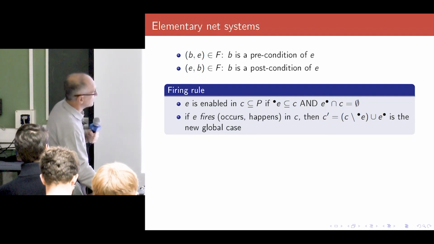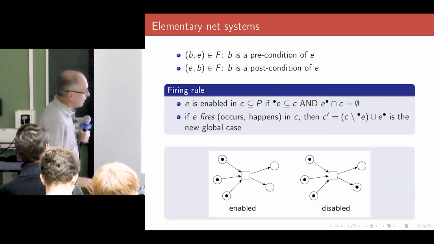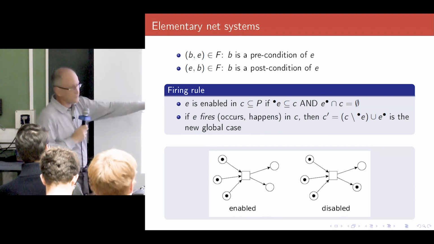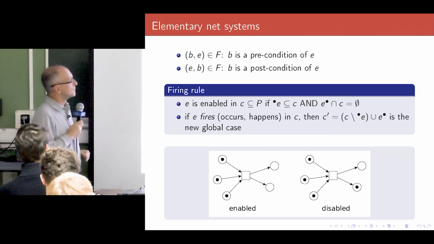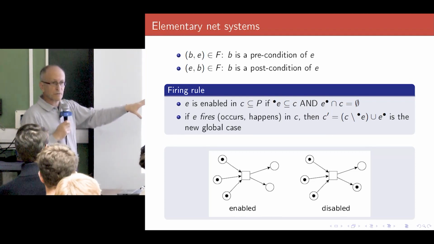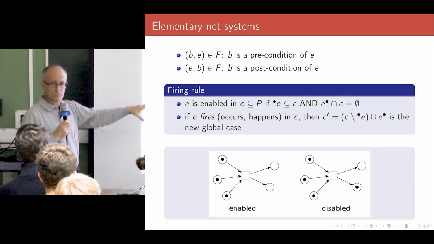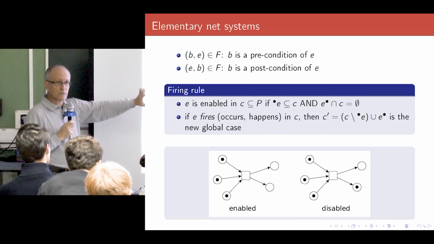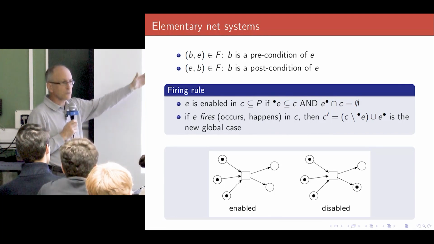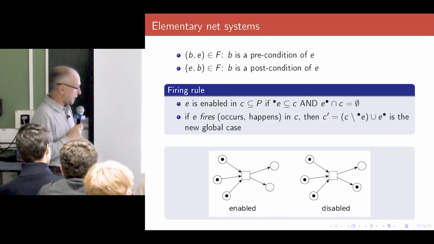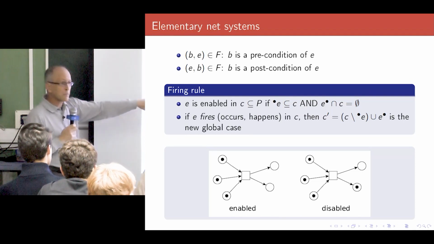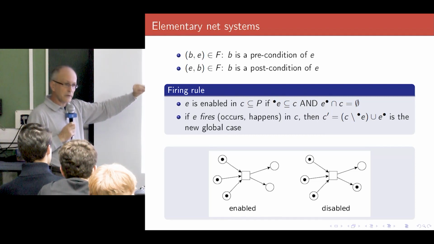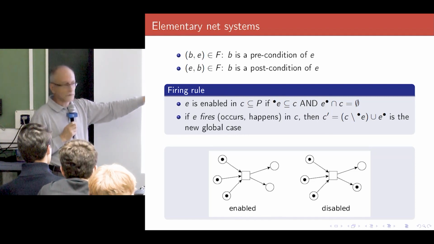Actually, in elementary net systems, we graphically represent the elements of a net like this. This is just a small part of a net. The squares represent the transitions, so what can happen. The circles represent places or local states or conditions. And with those small black marks, I show which of these local states are now true at a given instant.